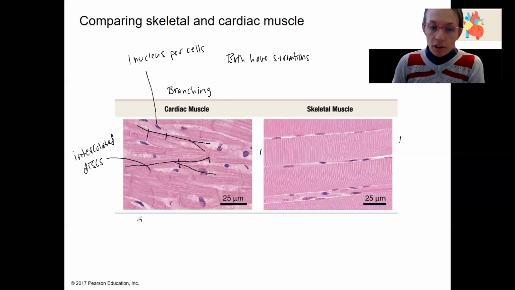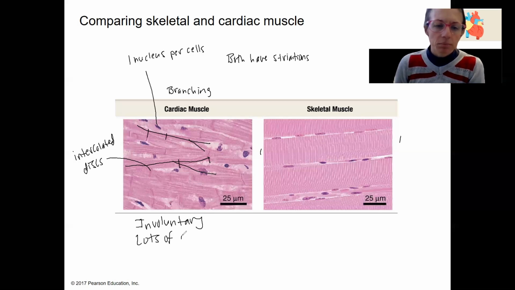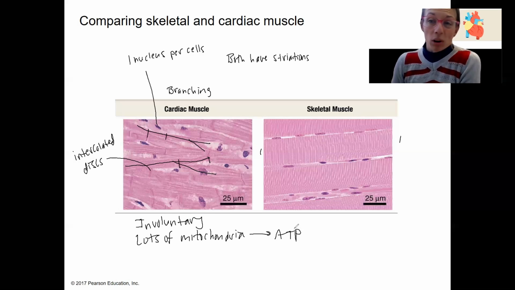Cardiac muscle is also involuntary. It's a difference between skeletal muscle, so you don't decide to move your heart muscle like you consciously control your skeletal muscle. And one more last thing, lots and lots of mitochondria. Of course, skeletal muscle also has lots of mitochondria, make lots of ATP. Cardiac muscle, even more.